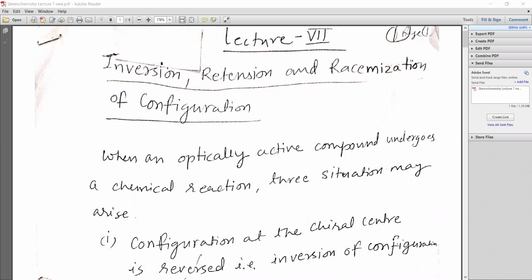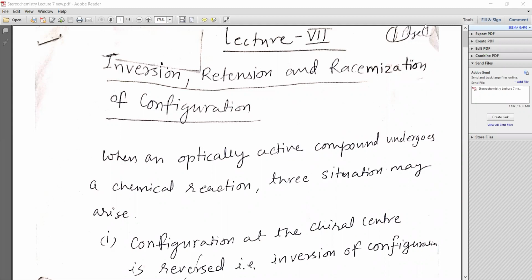In continuation of stereochemistry, today's lecture is on inversion, retention, and racemization of configuration in reactions.